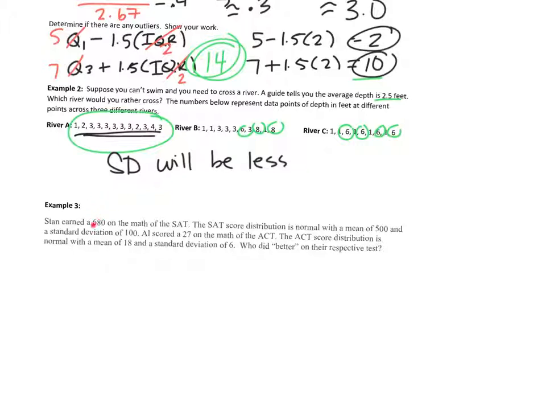Do you ever wonder how they figure that out? Well, what you're going to do is calculate the z-score for each. We're going to find the z-score for the first person, Stan, SAT, and then Al, ACT.